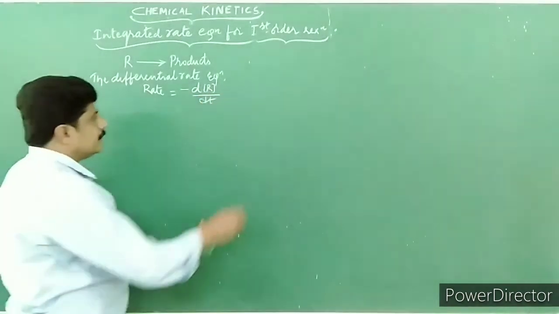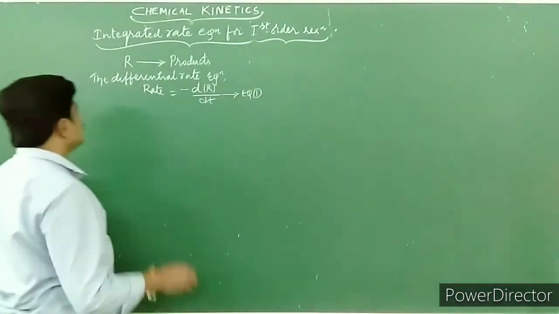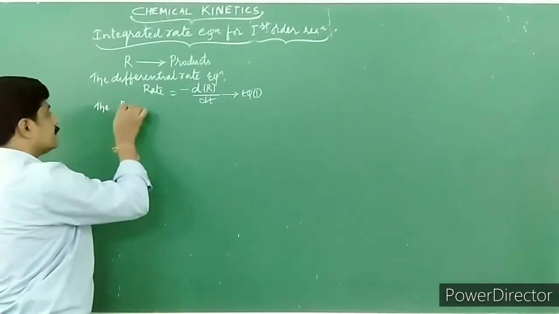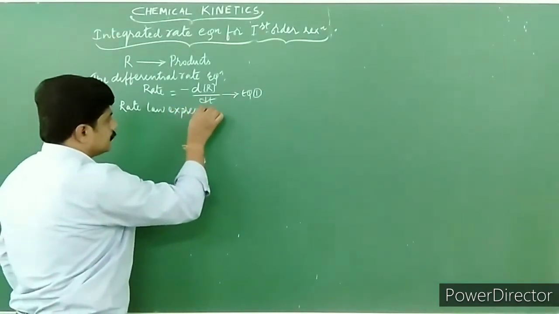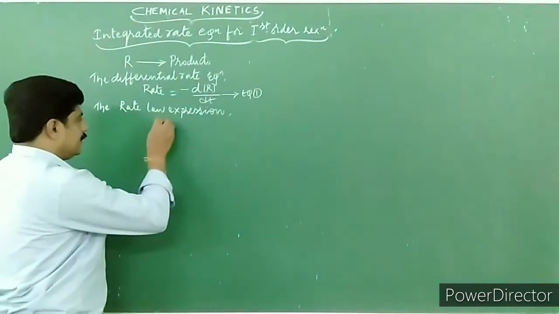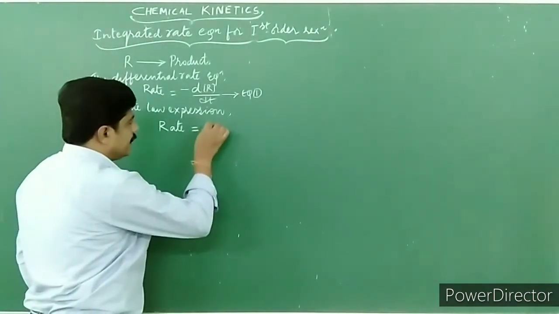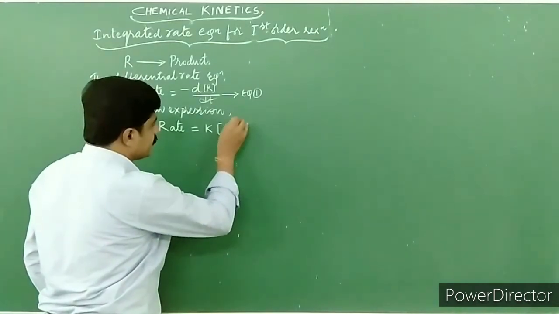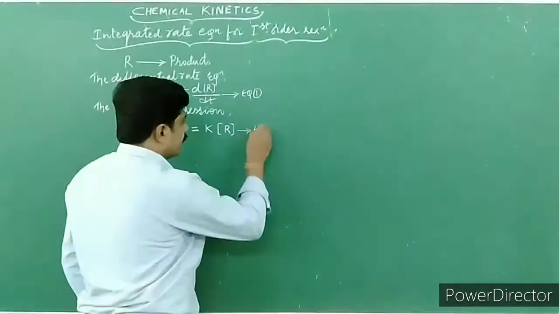Is it not? Now let this be equation 1. Similarly, I can write the rate law expression for this reaction. How do I write? Look at it, children. Remember, it's a first order reaction. Rate is equal to rate constant into concentration of reactants raised to power 1. So this is equation 2.